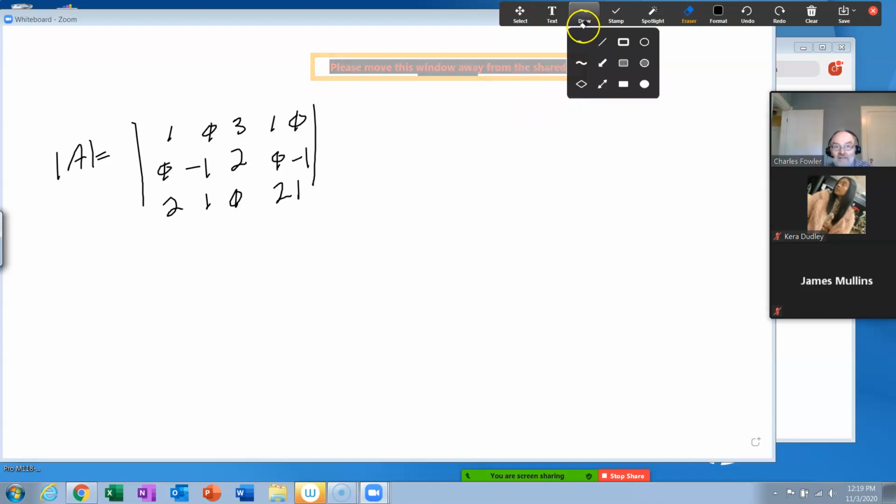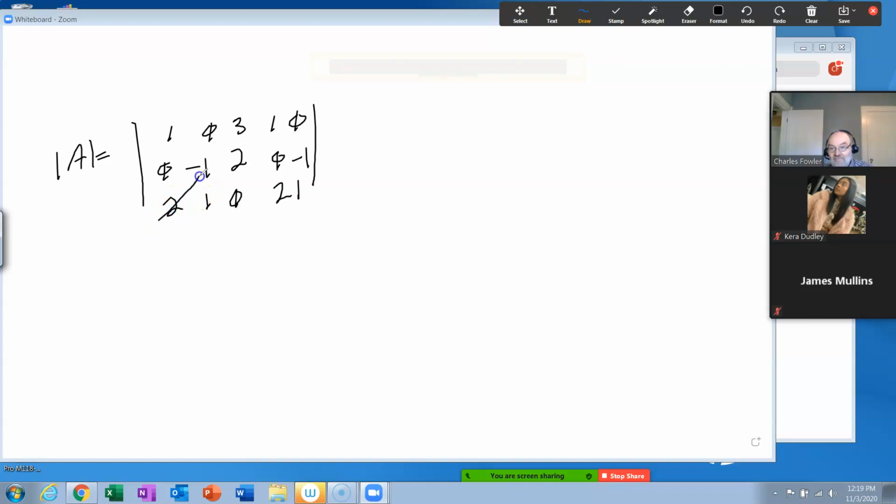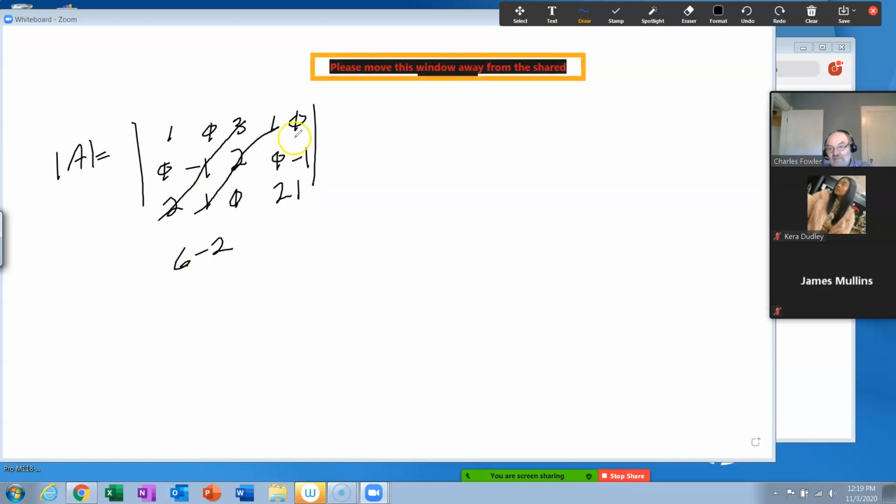Now, let's do the up diagonals. That's going to be a positive 6, this is going to be a minus 2, and that one's going to be 0. So this is going to be 4.